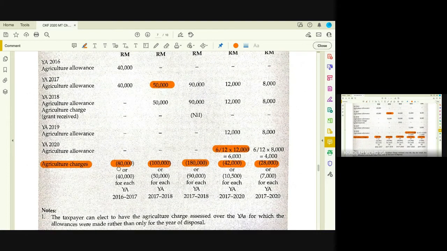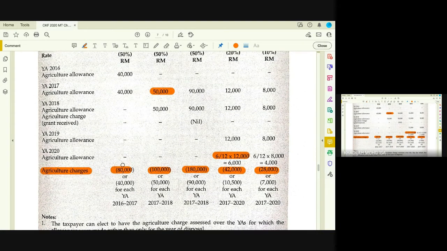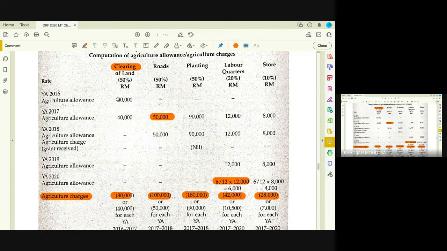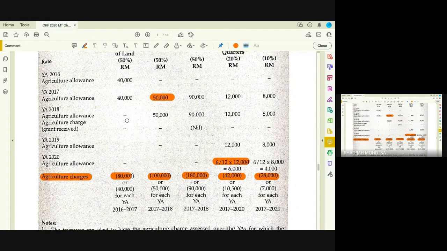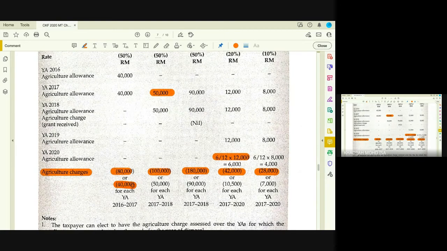So for example, this 80,000 charge for your clearing of land will be divided into 2 years, YA 2016 and 2017. So for that period, you're going to have a balancing charge of 40,000 for YA 2016, 40,000 for 2017.